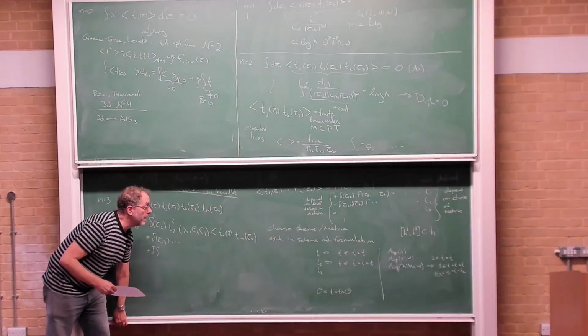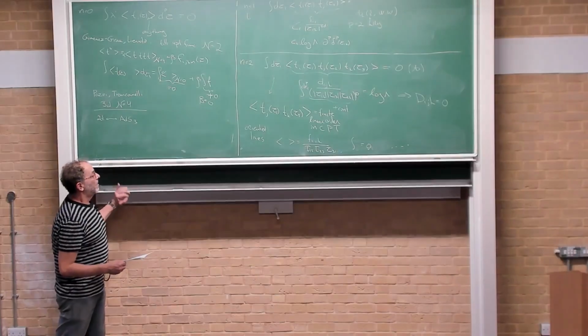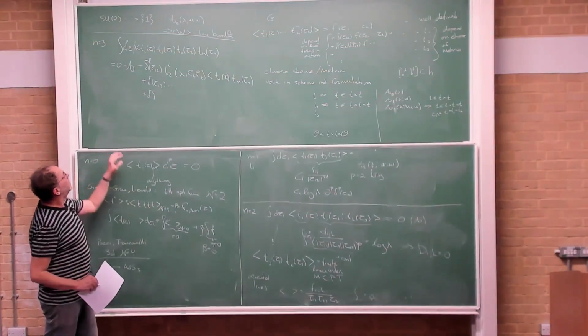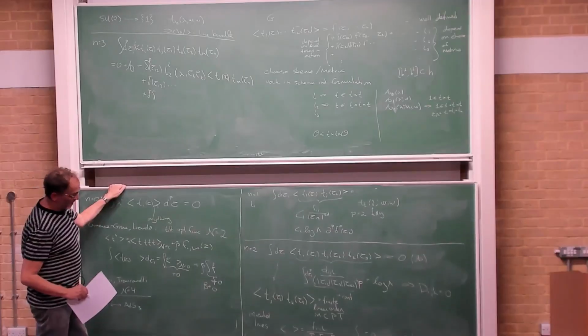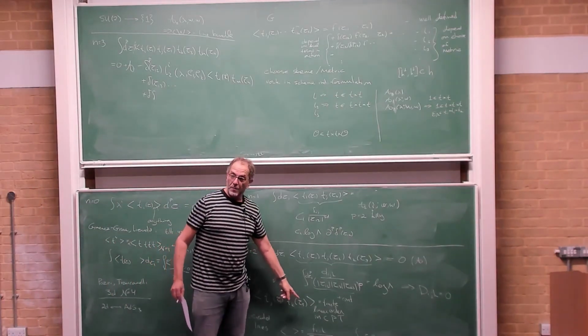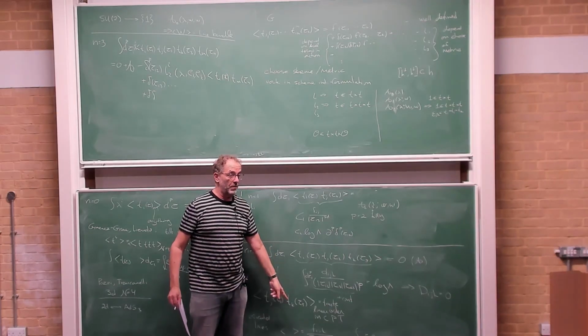So, if you want to go through the trouble of identifying your metric explicitly, the metric on the conformal manifold, then the contact term that appears there gives you the Christoffel symbol.